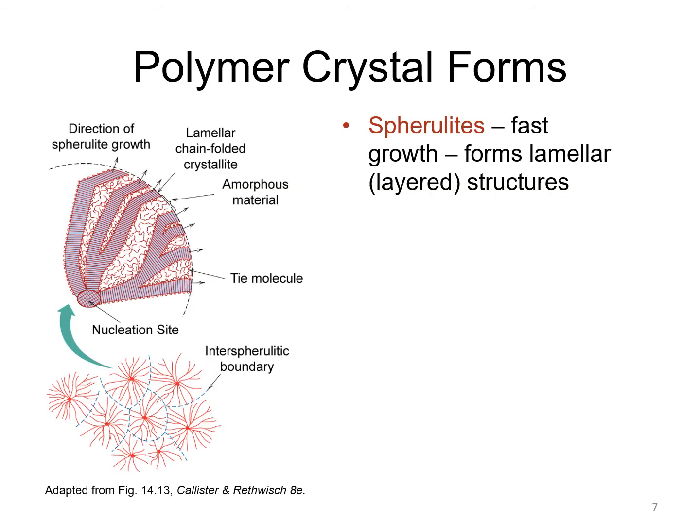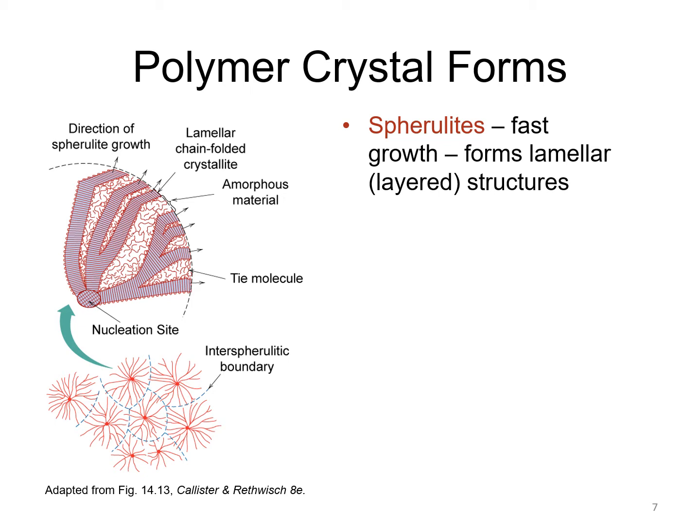Again, on the crystalline polymer, if we observe clearly on the crystalline side, we may observe what we call spherulites, which is fast growth, and they form layered structures, or what we call lamellar structures. I'm sure by now you're familiar with the word lamella, which you have already learned in chapter 7 in phase diagrams.